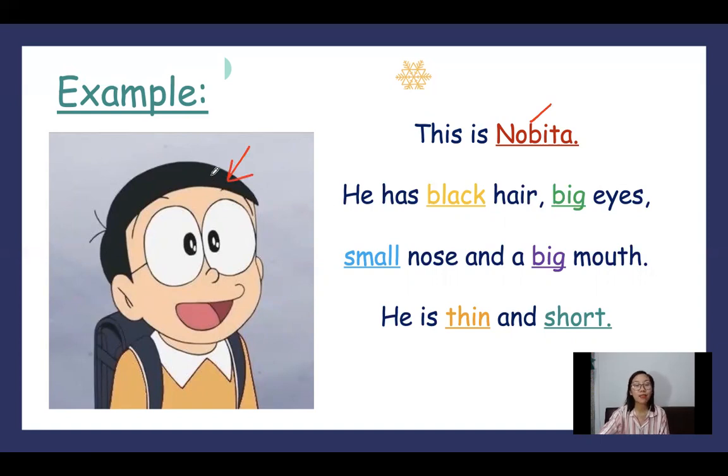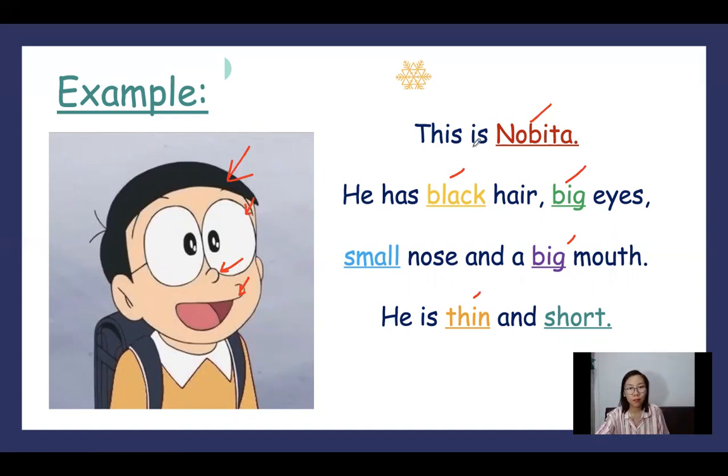He has black hair, right? He has big eyes as well. He has a small nose, and a big mouth. And he is thin and short, right? He is thin and short.